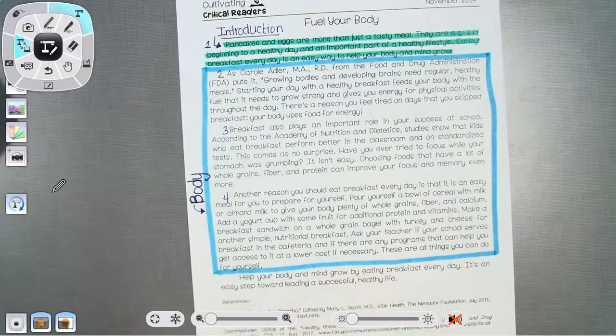As Carol Adler, MARD, from the Food and Drug Administration, the FDA, puts it, growing bodies and developing brains need regular, healthy meals. Starting your day with a healthy breakfast feeds your body with the fuel that it needs to grow strong and gives you energy for physical activities throughout the day. There's a reason you feel tired on days that you skip breakfast. Your body uses food for energy.